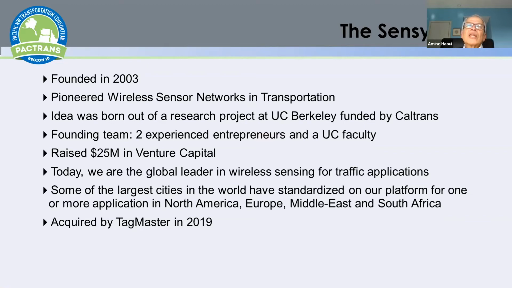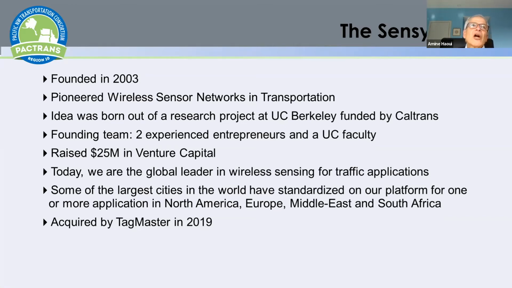And that's another point that I want to make, that it's easy to underestimate how much money it takes to build these companies successfully, especially in transportation. The product development will take a lot more time and money than you initially think, because you are at the interface of human drivers together with the infrastructure.